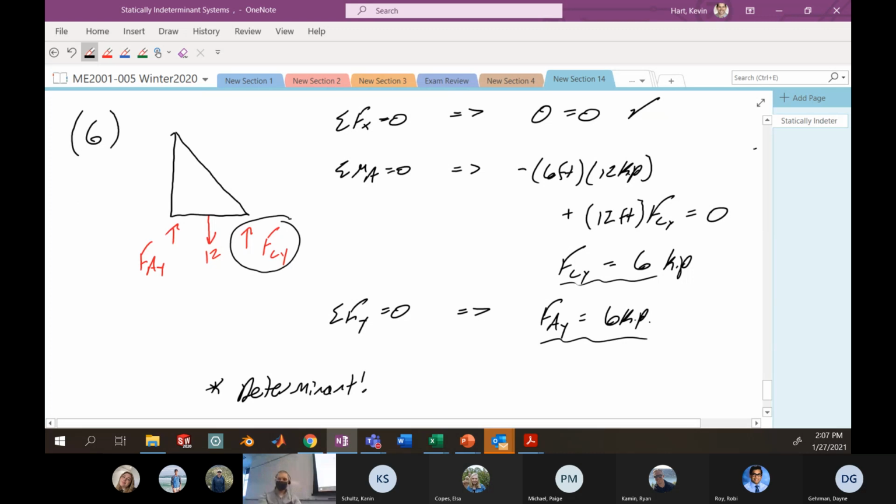But this is a particularly sticky situation because we have these rollers at points A and C that are sort of supporting the system. And the idea is if this 12 kip force were not exactly perfectly downward, then this truss wouldn't be able to stop any motion from occurring in the X direction, okay?